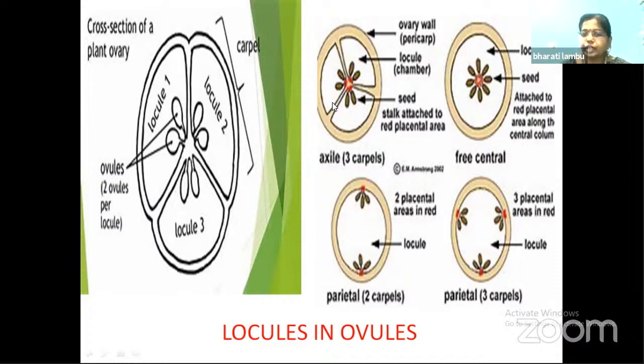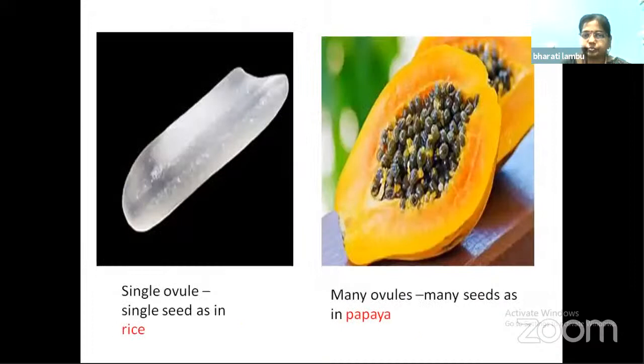So it can be unilocular like this or trilocular like this. So locule is nothing but the ovarian cavity inside, with the ovules attached to the ovary wall by the placenta.